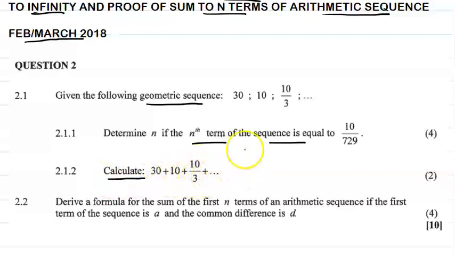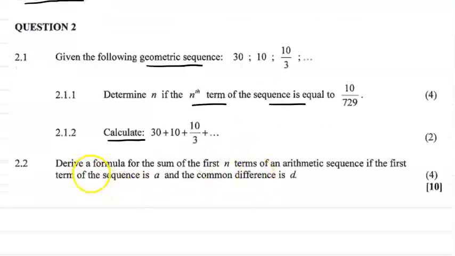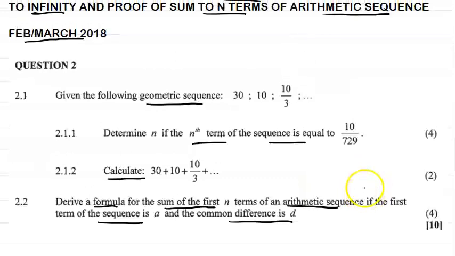So we want to find the sum of this particular series. And the next question says, derive a formula for the sum of the first n terms of an arithmetic sequence if the first term of the sequence is a and the common difference is d. So this is what we have to do in this particular question. So let's go and answer the first question.